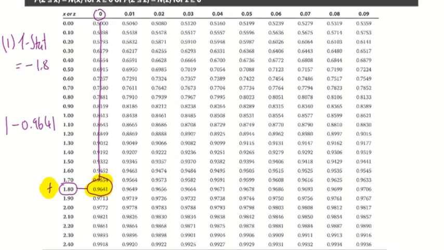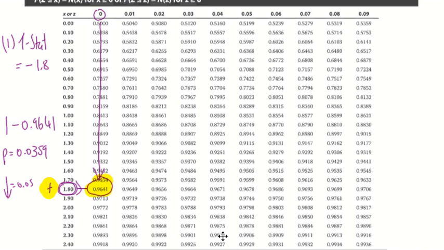I go look on the Z table, find 1.8, go down, and meet my point. Now we go 1 minus 0.9641, and I get a p-value of 0.0359. That should excite us all, because we always wanted a p-value of less than 0.05, so we should be able to reject that.